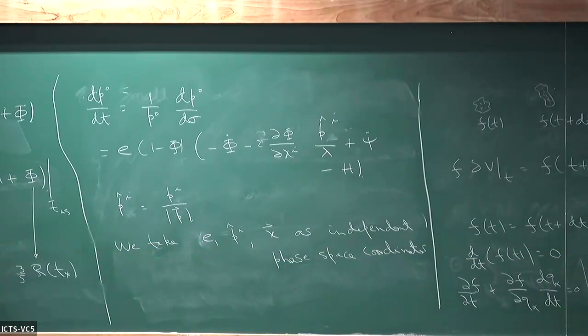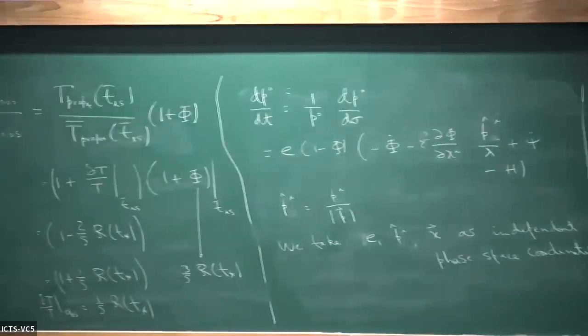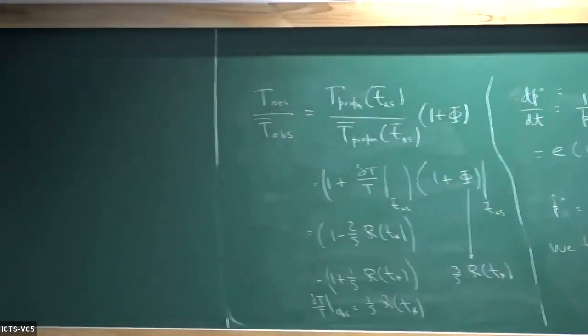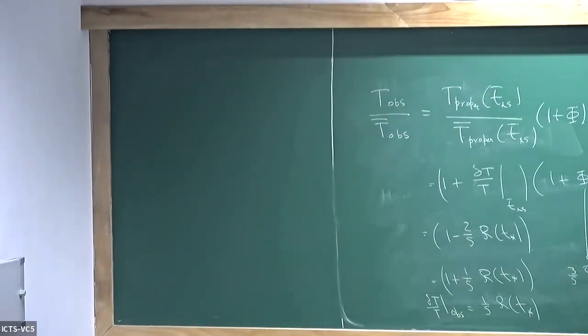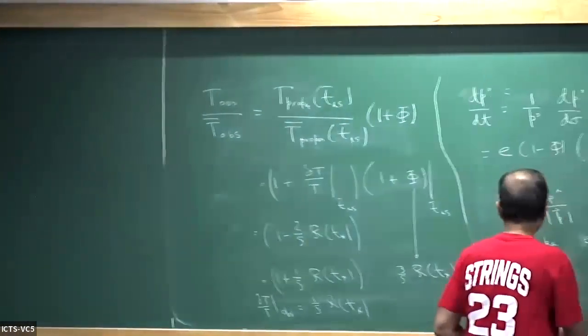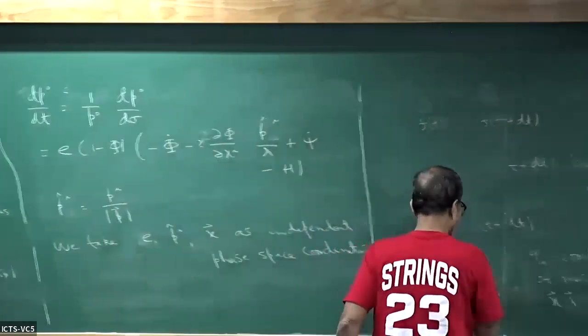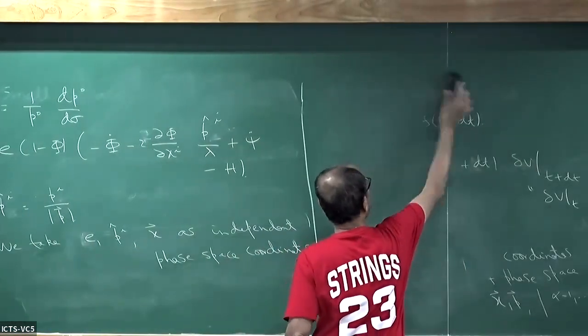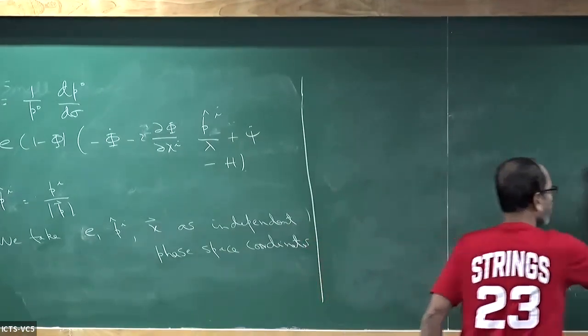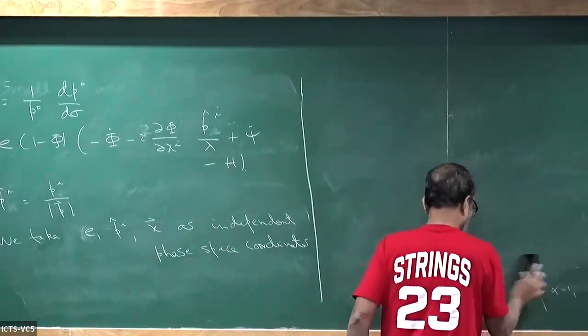So instead of taking the 3 components of p, we are taking the unit vector along p and this variable E. Is it clear? So we can think of this as an equation for E. And that's basically what we'll need. We don't need very much more, at least for this part of the calculation.